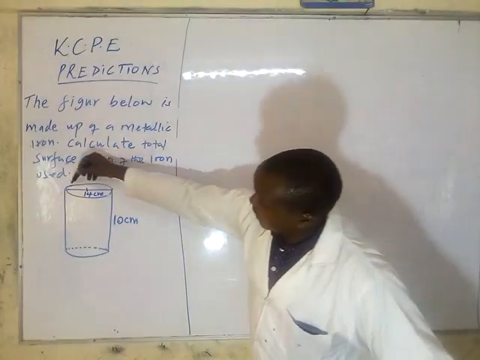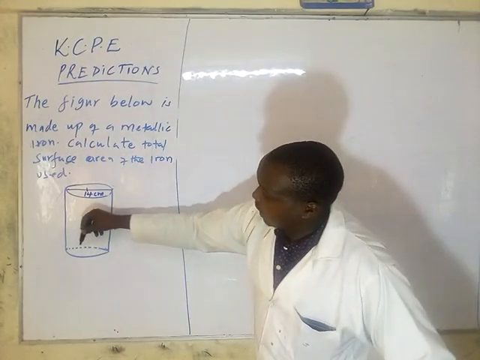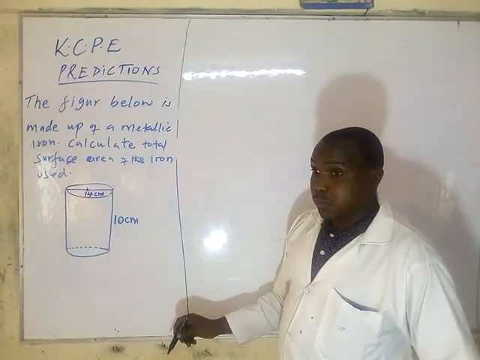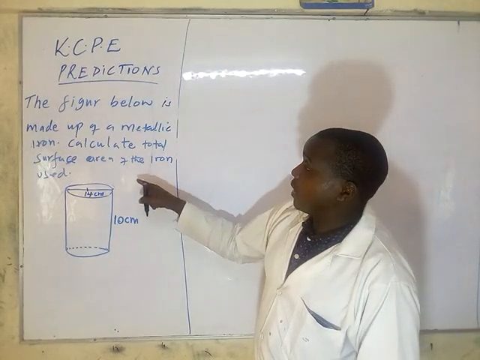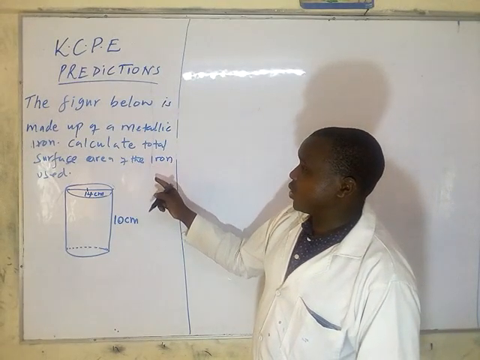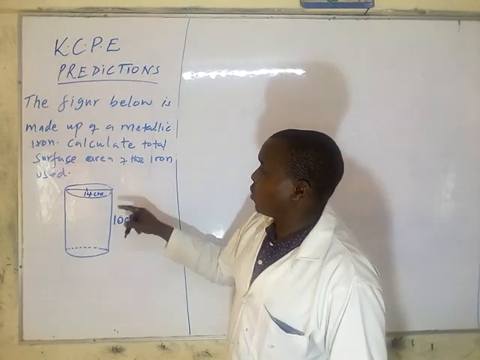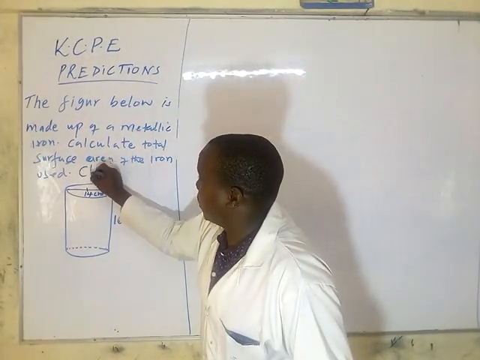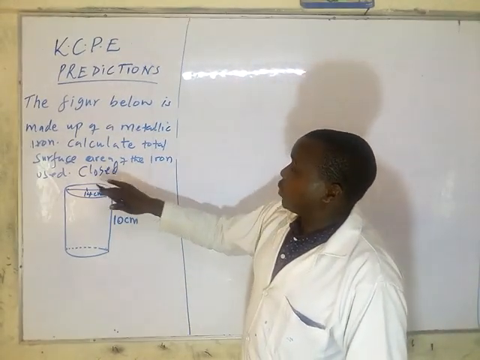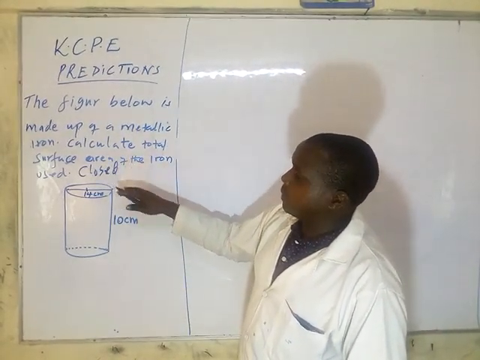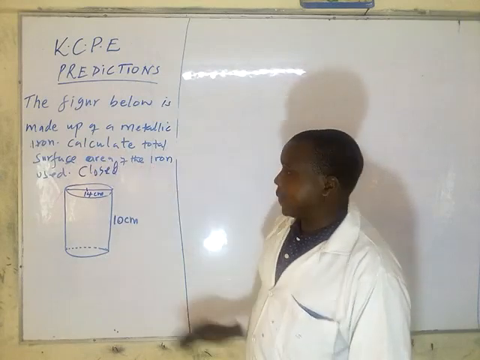Remember, a cylinder has a circle on the top and a circle at the bottom. The question is not telling us whether it is closed, but I want to assume that it is closed. Let us be specific that we want to calculate the surface area when the cylinder is closed everywhere.